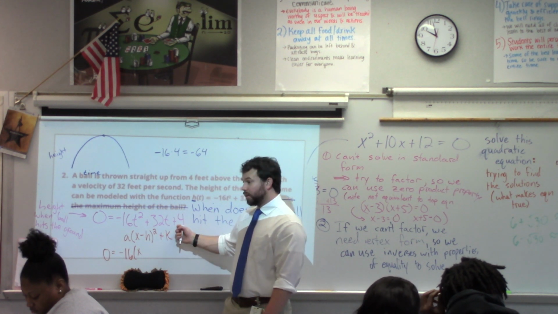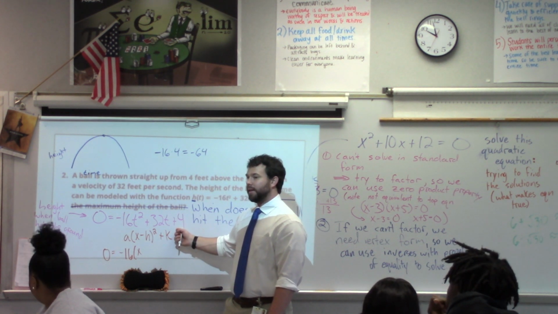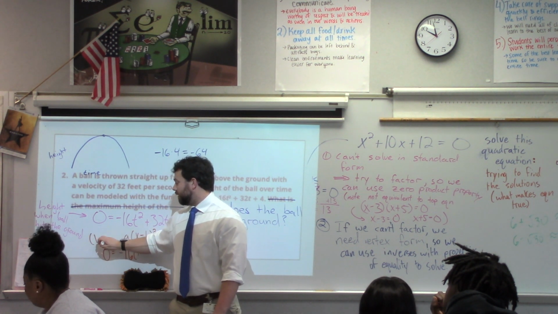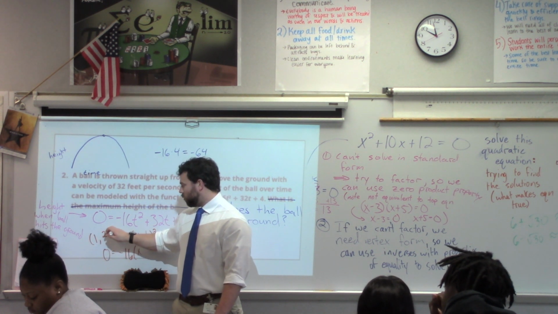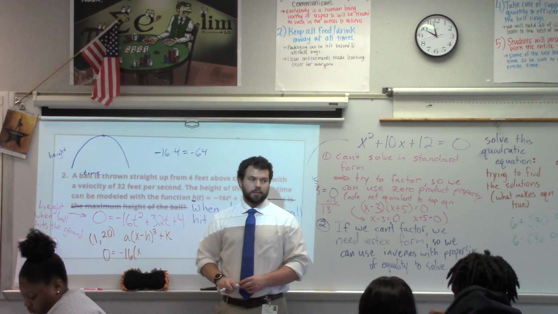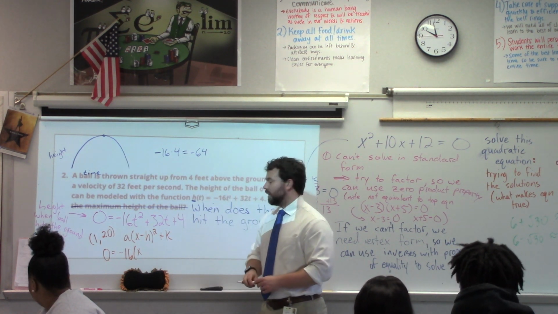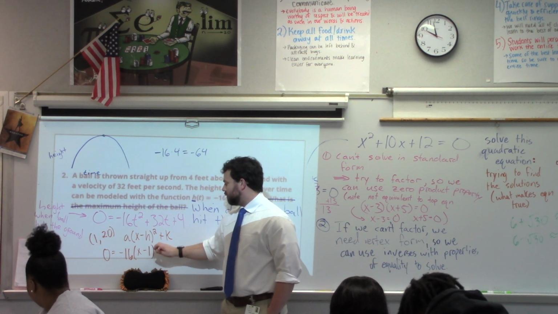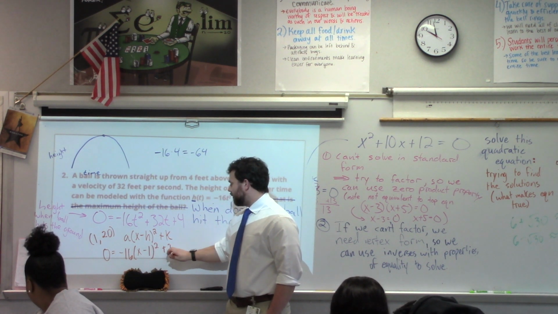Vertex. That's where you're going to graph this and get your vertex. What was the vertex? 1, comma, 20. So x minus 1 squared plus 20.